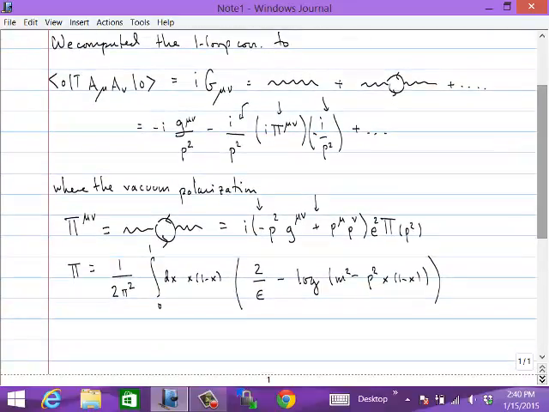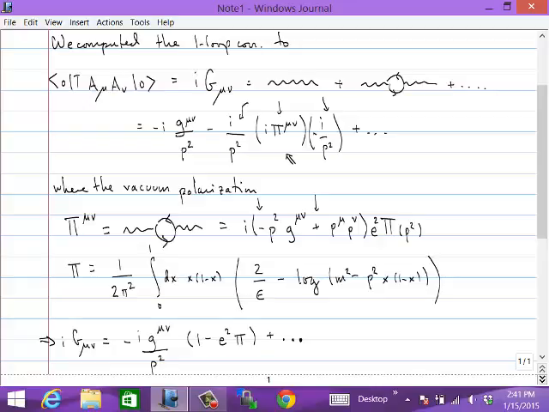If we go ahead and plug this back into our expression for the photon propagator, it will look like minus I g mu nu over p squared times 1 minus e squared pi. That's just adding up these two terms, plus terms that are higher order in e squared, along with terms that involve p mu p nu.